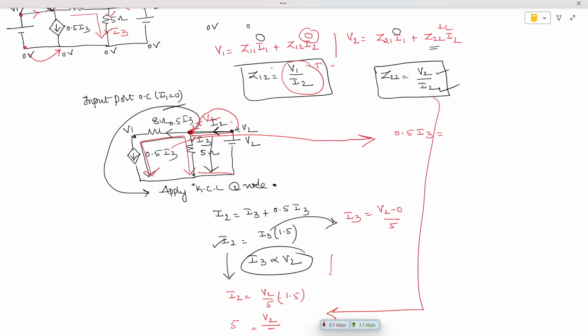So 0.5 I3 I can write as, what is the voltage at this point? V2 plus V2, no? So current is leaving. What is the leaving polarity of the voltage? V2 minus V1, divided by 8. So V2 minus V1 we can write as 4 into I3. This is one equation we got.